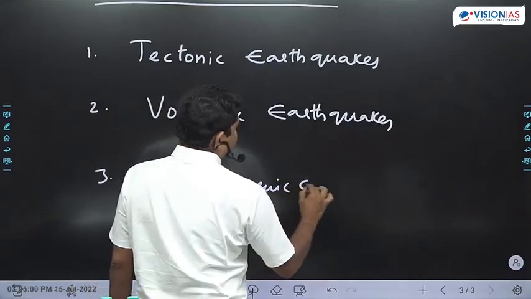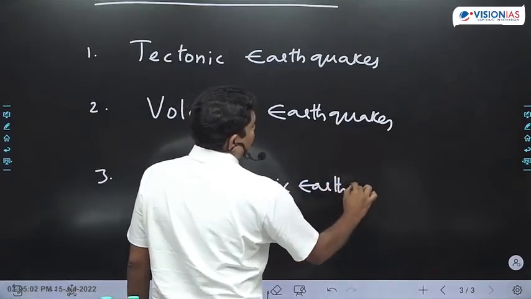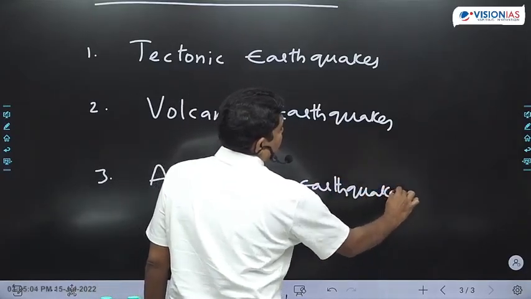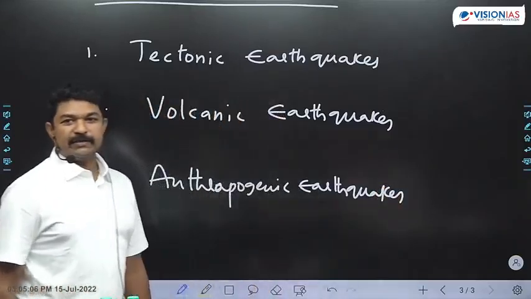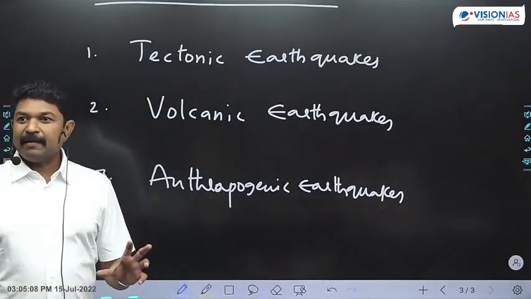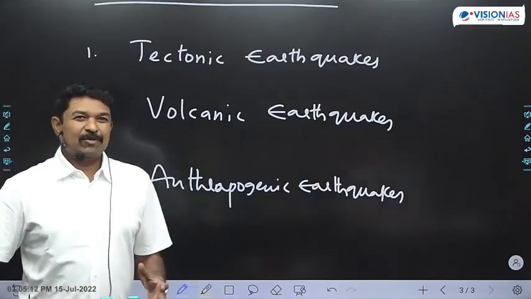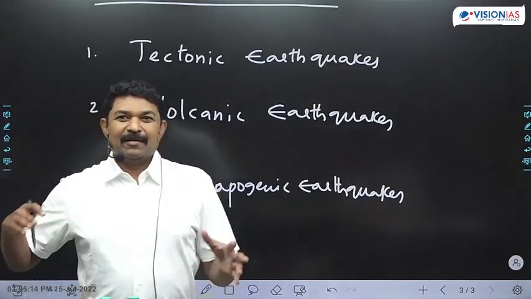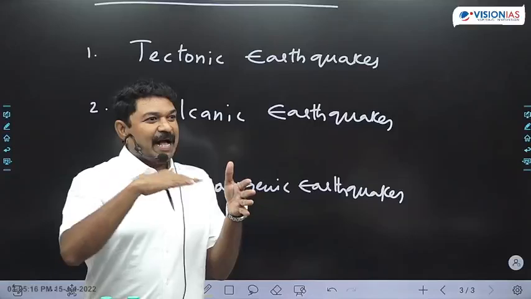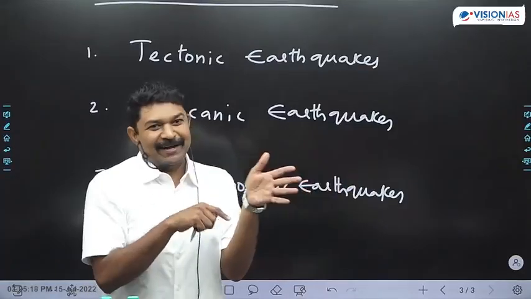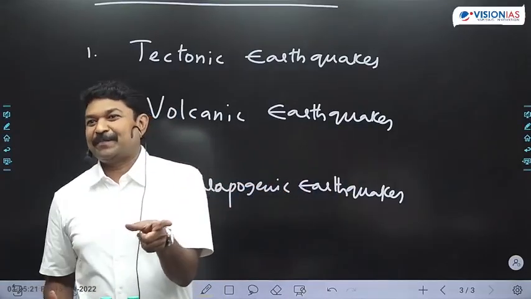Anthropogenic earthquakes. What do you mean by anthropogenic earthquakes? Human-induced earthquakes, nothing but. Can man create an earthquake? In insurance, we create so many things. If you want to claim insurance on a car, you hit it yourself and claim that an accident happened.